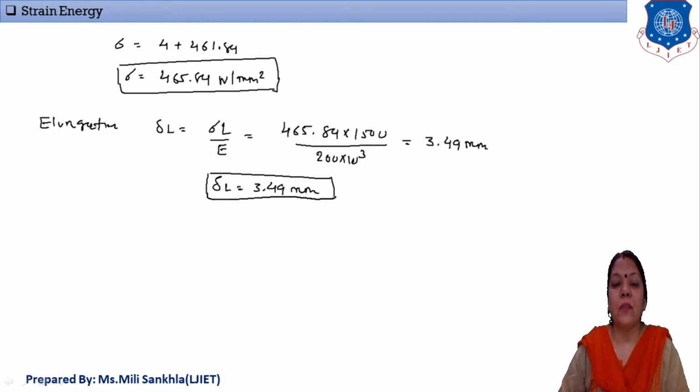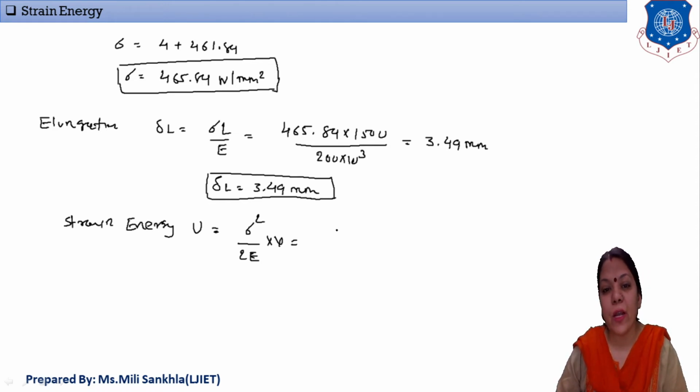Now third is strain energy. Right here, third we find out strain energy. Strain energy U is equal to sigma square by twice E into volume. Now volume is equal to area into length. So sigma square by twice E into area into length.